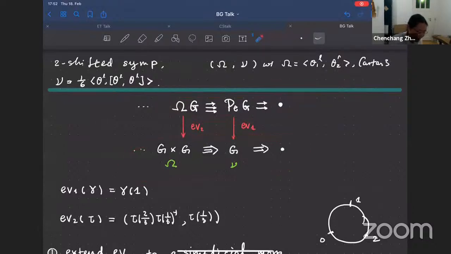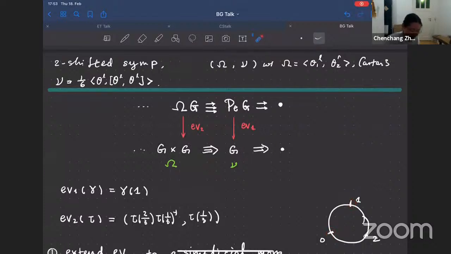One very easy map between them is evaluation, right? On this level, I evaluate at the endpoint, and if I have a loop, I evaluate also at the endpoints 0 and 1, the other two points, which is not identity.